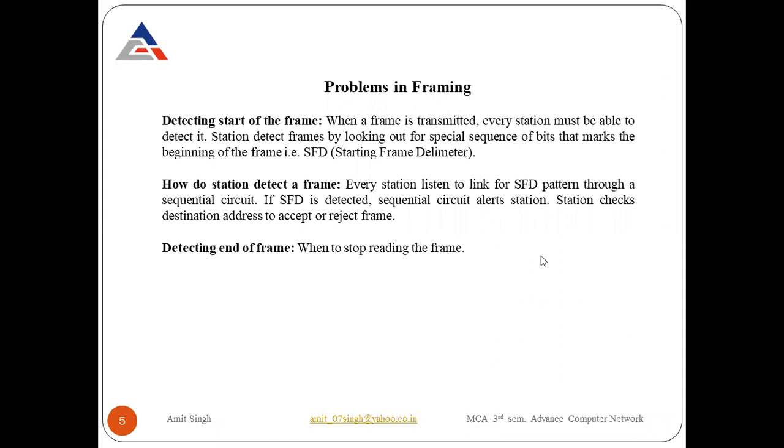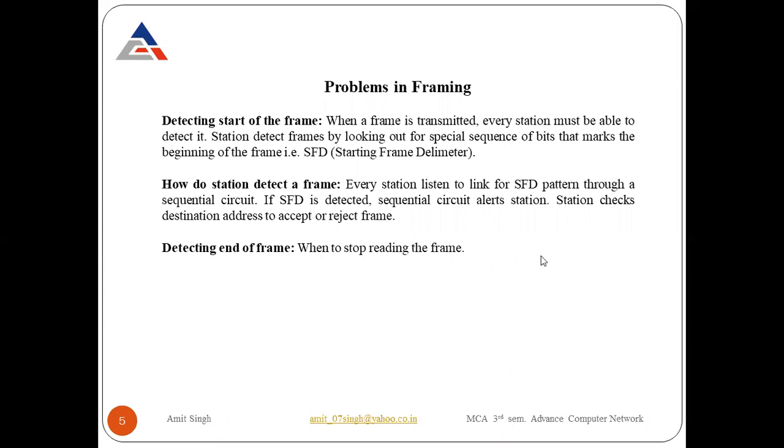Second, how does a station detect a frame? Every station listens to a link for the start frame delimiter pattern through a sequential circuit. Circuit means a network. If a start frame delimiter is detected, the sequential circuit alerts stations.